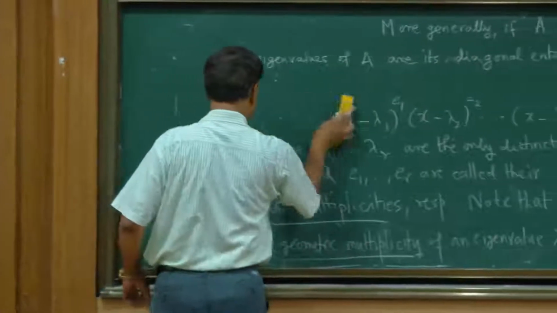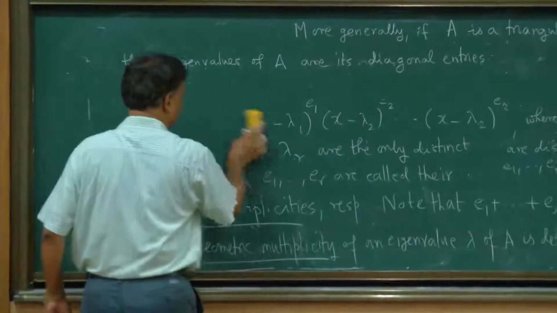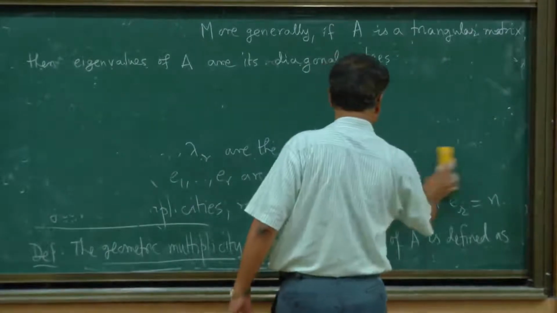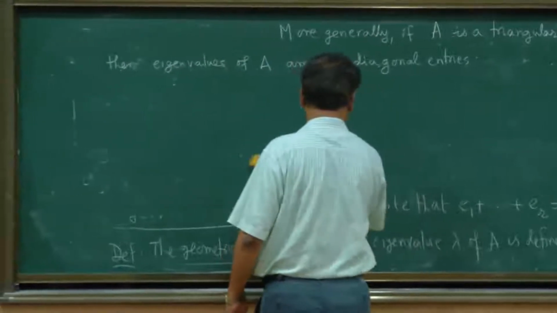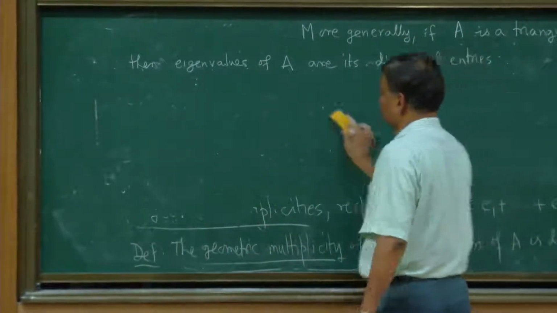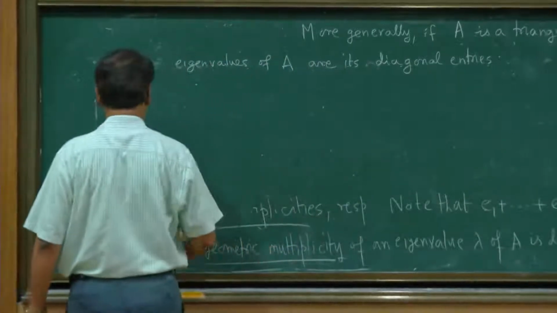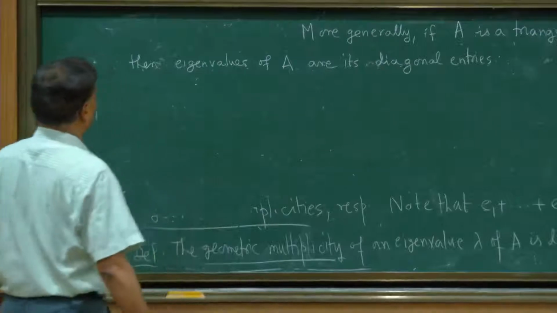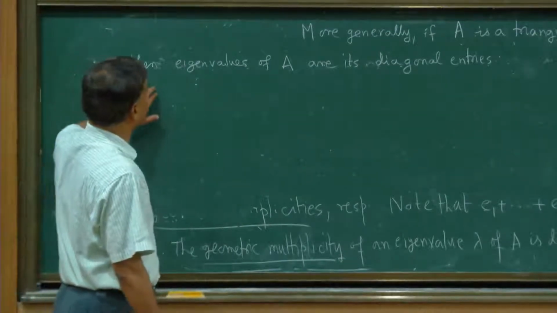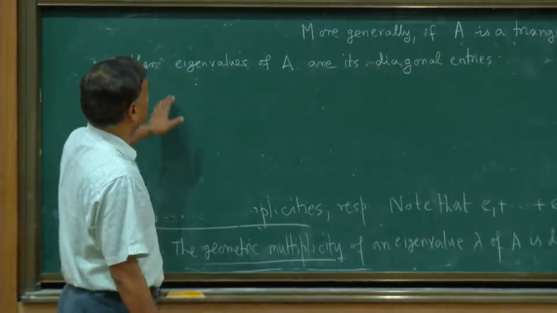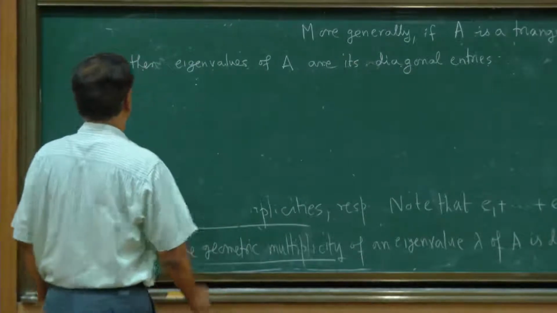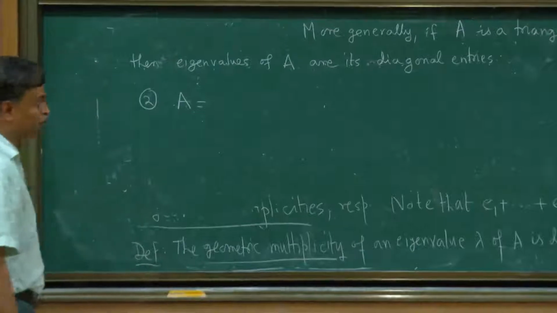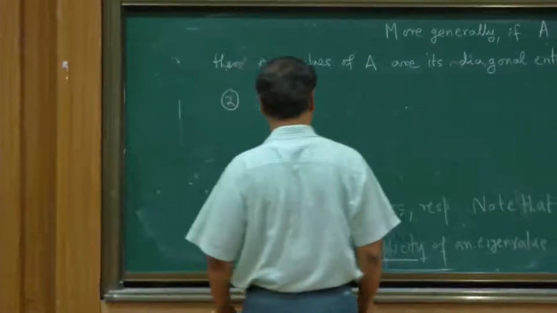Okay. I could give you more examples of numerical kind, but serious examples you can do using a computer, and that may be done in the lab session. Let me give you one more example.